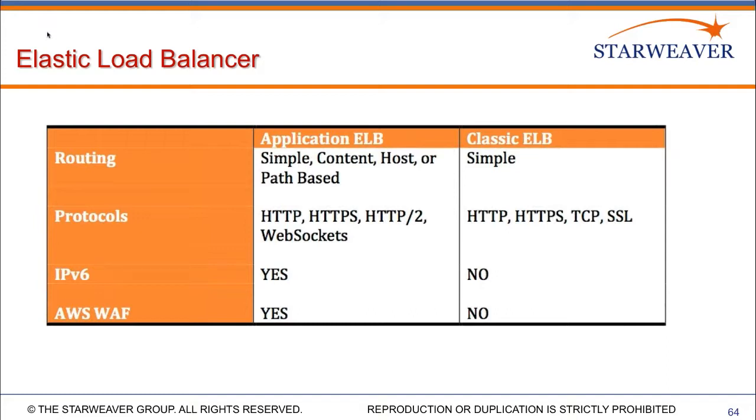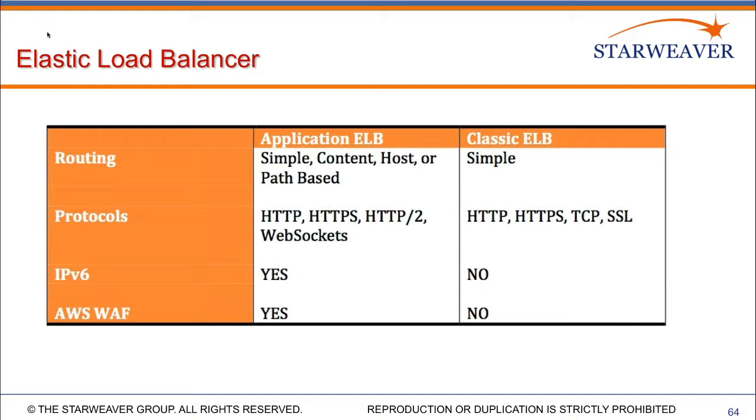Now, the application ELB, on the other hand, is a little bit more powerful than the classic ELB because this supports content, host, or path-based routing. In other words, the Elastic Load Balancer looks at the request and can send the request to a different target group of instances depending upon the URL, the path, the cookies, things like that.